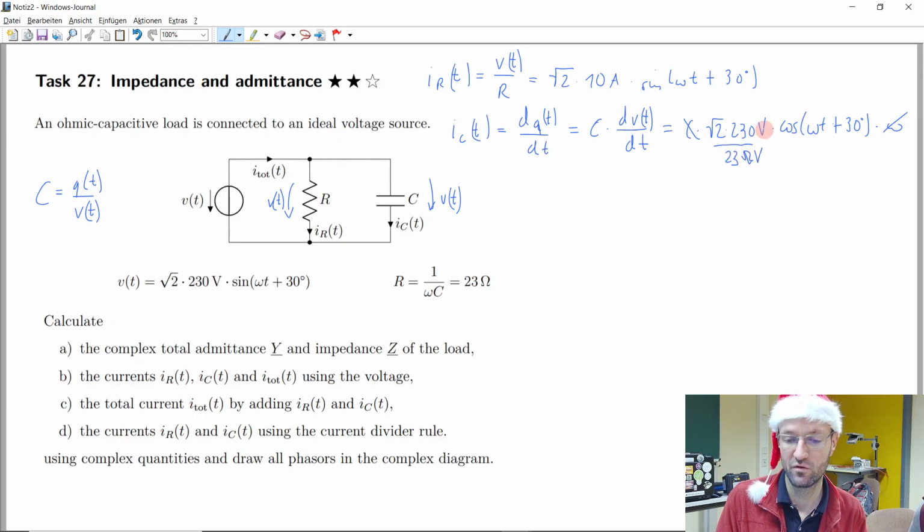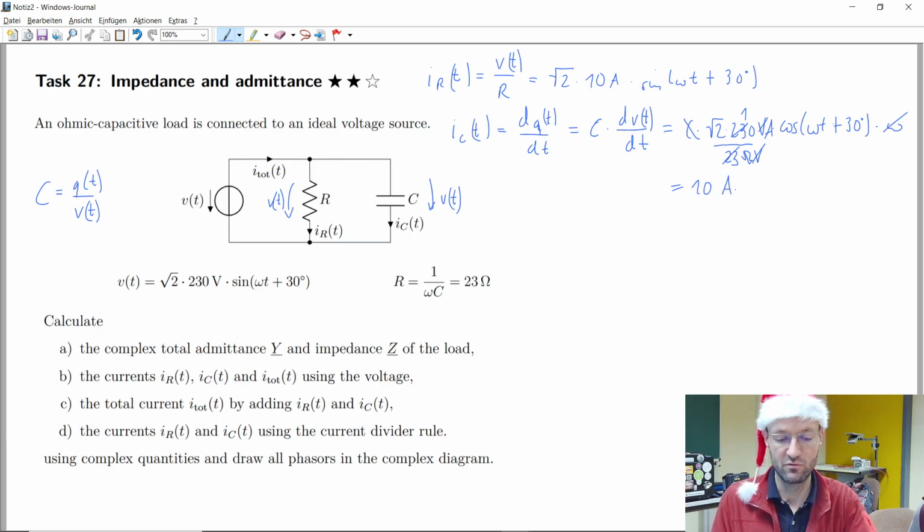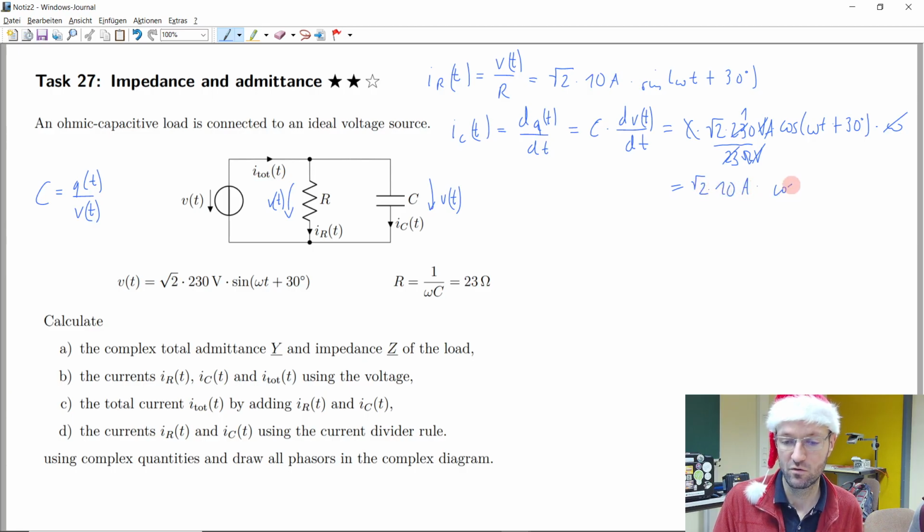Ohm is again volt divided by ampere, so the volts will cancel each other. 23 will cancel each other, and we also get in this case square root of 2 times 10 ampere times the cosine of omega t plus 30 degree.